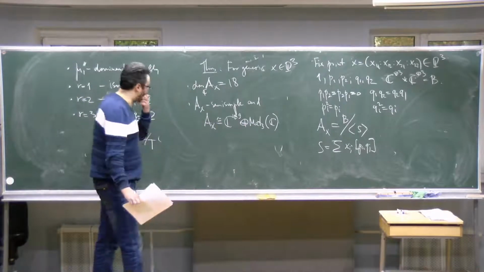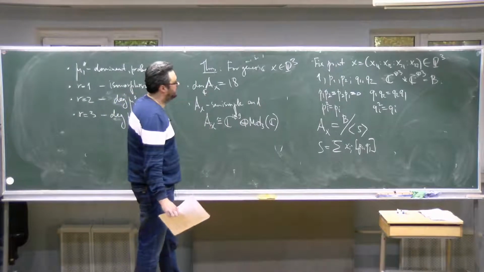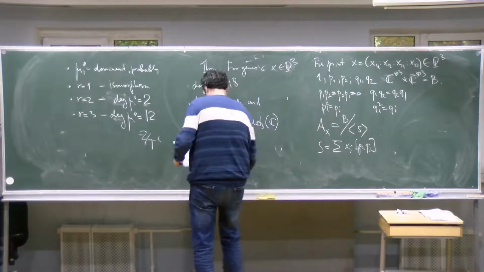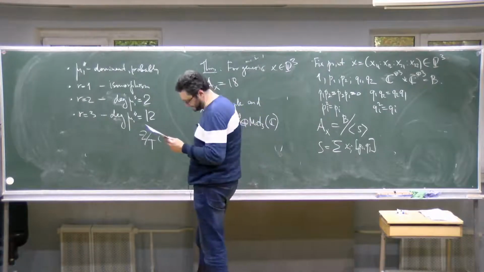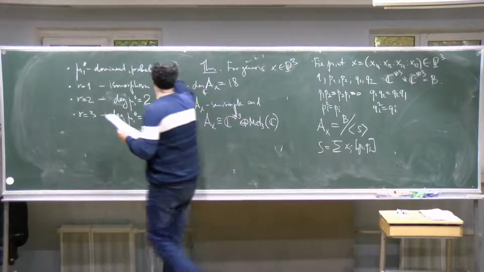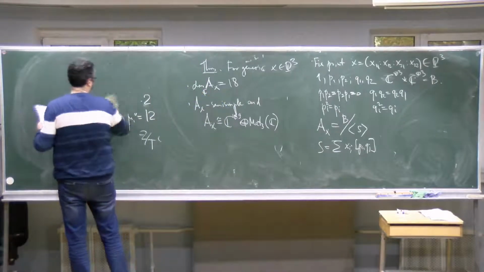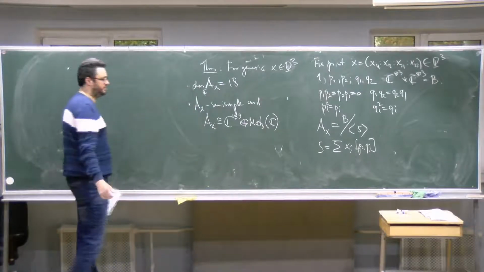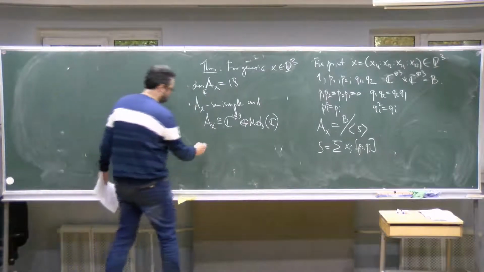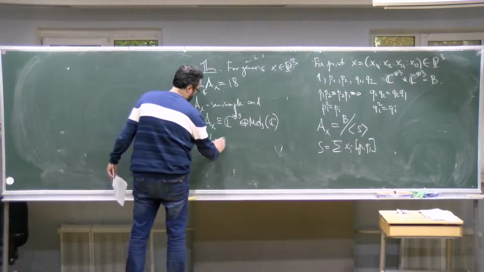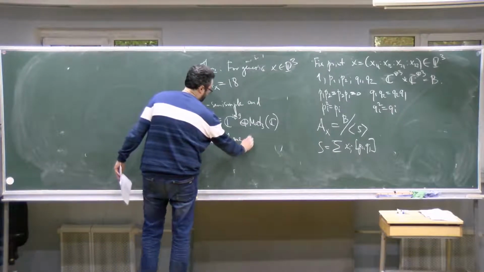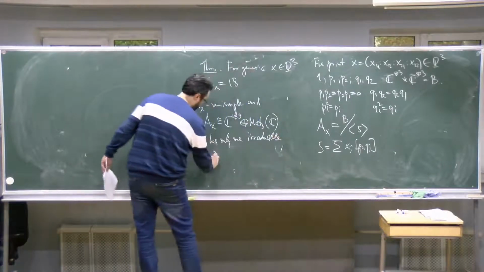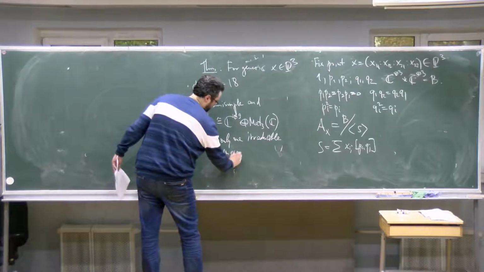What does it mean in terms of varieties? It means that for generic X, this algebra has only one three-dimensional irreducible representation.